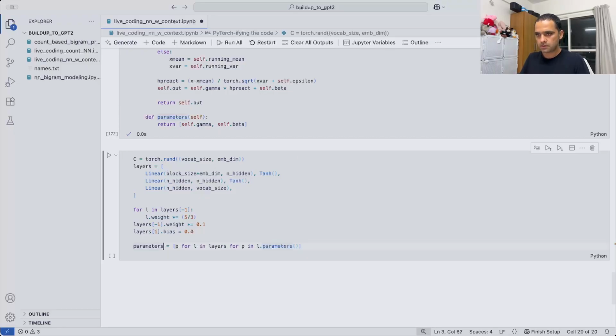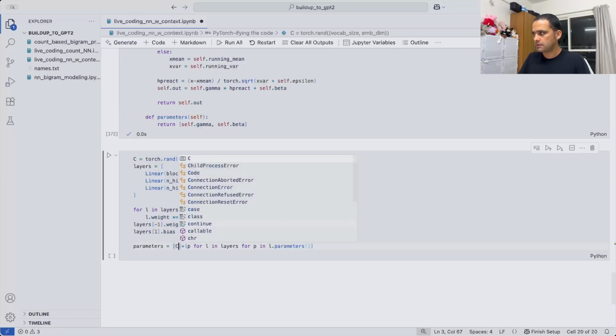This plus C. These are the parameters to be learned.